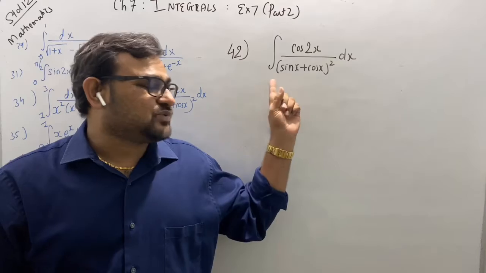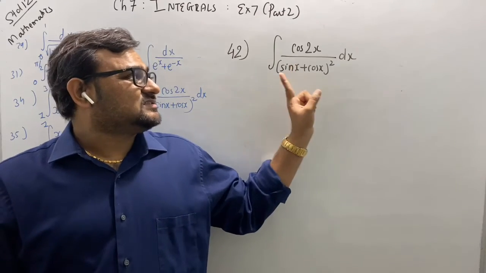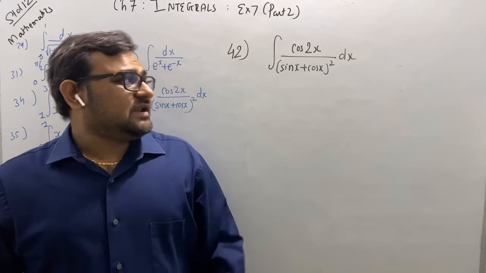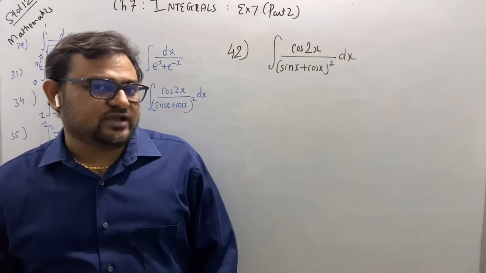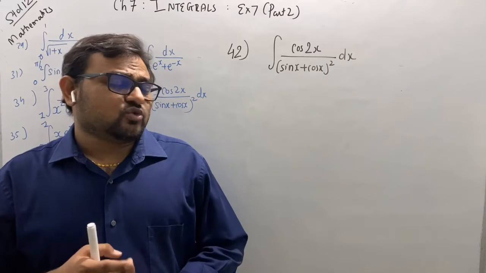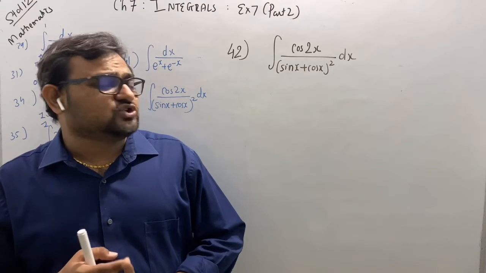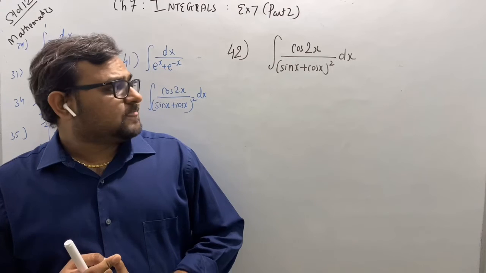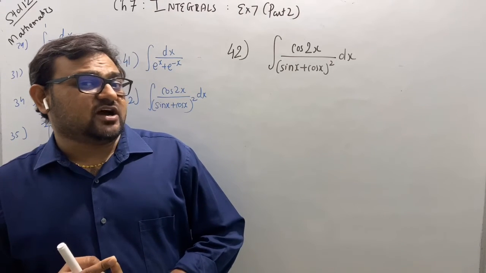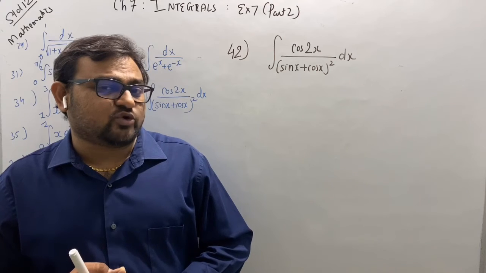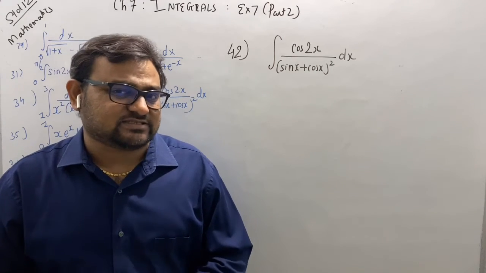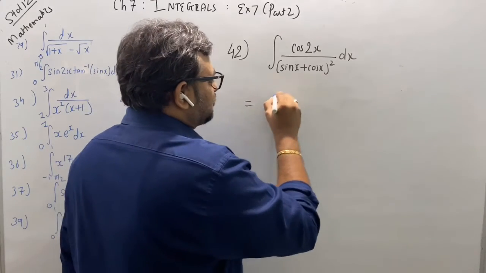It's not sine square x plus cos square x, it's sin x plus cos x, right? And in numerator it's cos 2x. So now see here, what is the formula for cos 2x? 2 cos square x minus 1, will it be useful? No. 1 minus 2 sin square x? No. But the third one, cos 2x equal to cos square x minus sin square x. See how it will be useful.